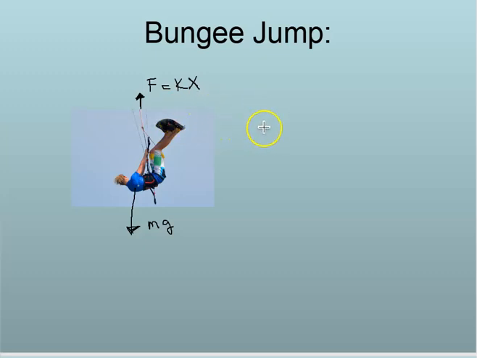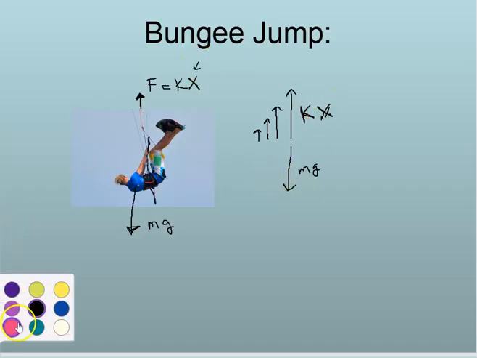So the reason I want to revisit this is that as the bungee got more and more stretched, the force from the bungee increased. Gravity stayed the same, and K stayed the same. Remember, that's how strong the spring is. We're going to revisit springs in this unit. X is a function. X is changing.